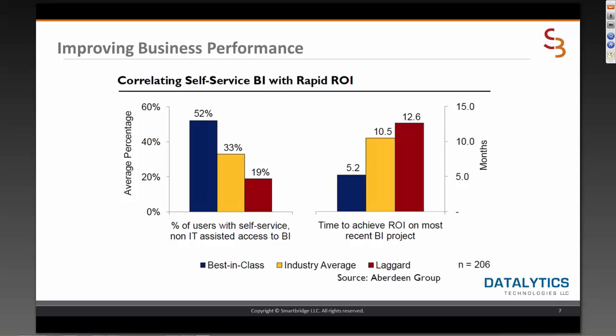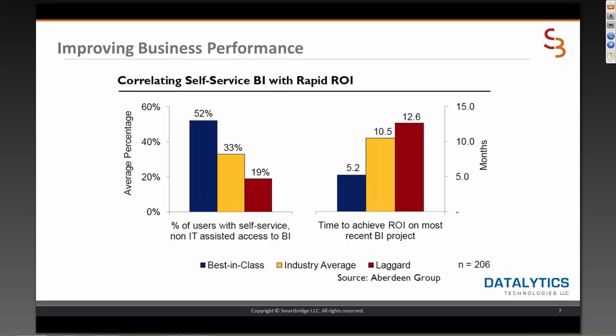So the left-hand side identifies organizations that are either best-in-class, industry average, or laggards. Well, the best-in-class organizations that provided 52% of users with self-service, non-IT assisted access to BI had a 5-month return on investment to achieve their goals for their recent BI project.